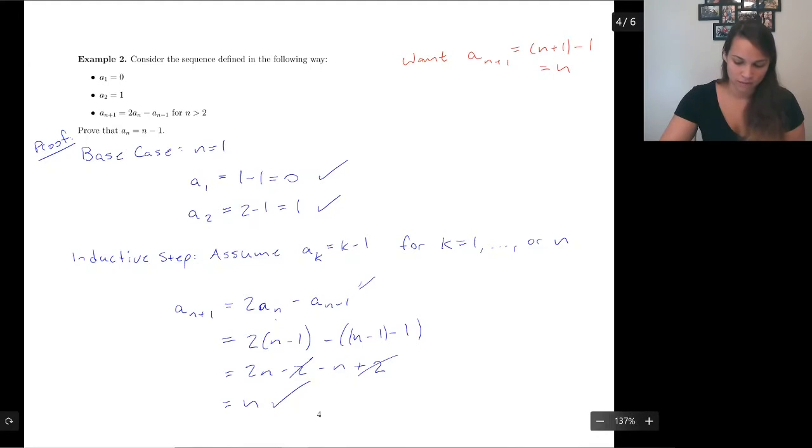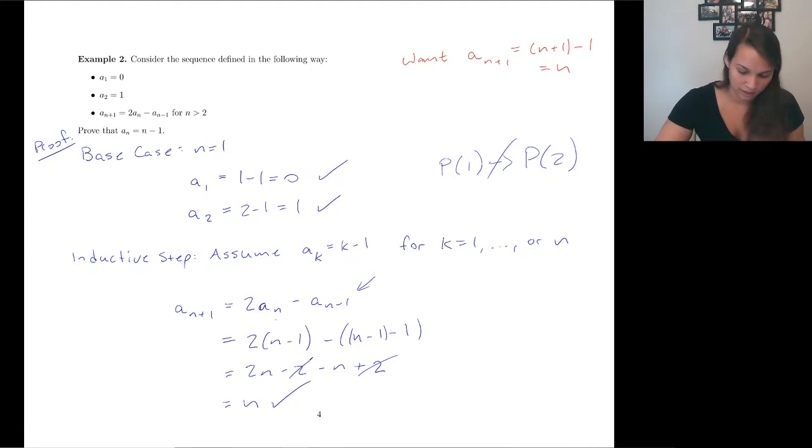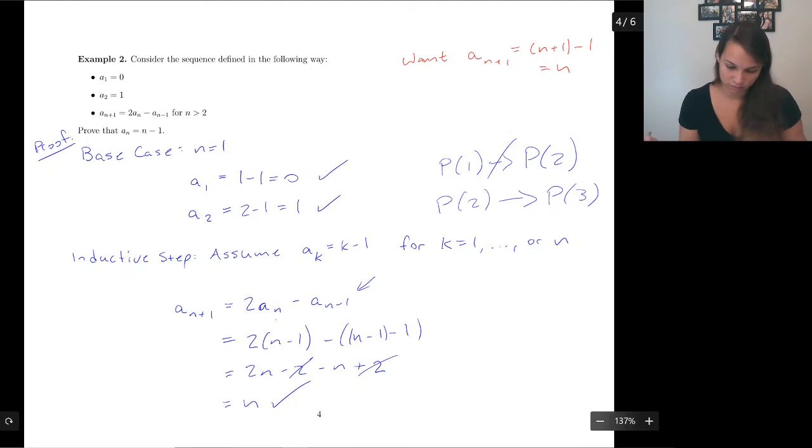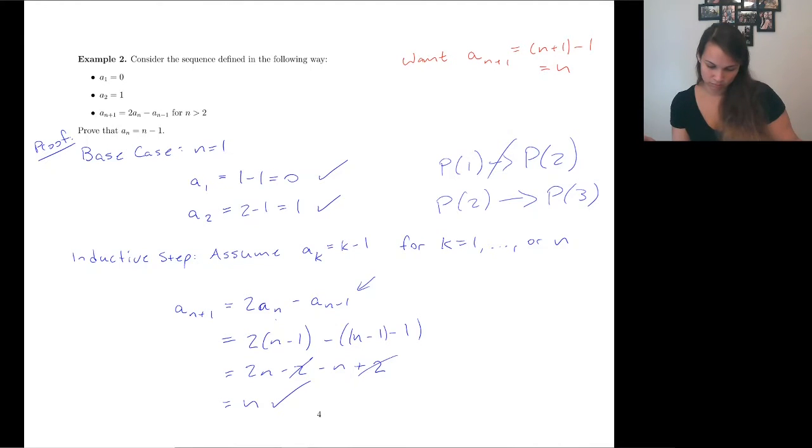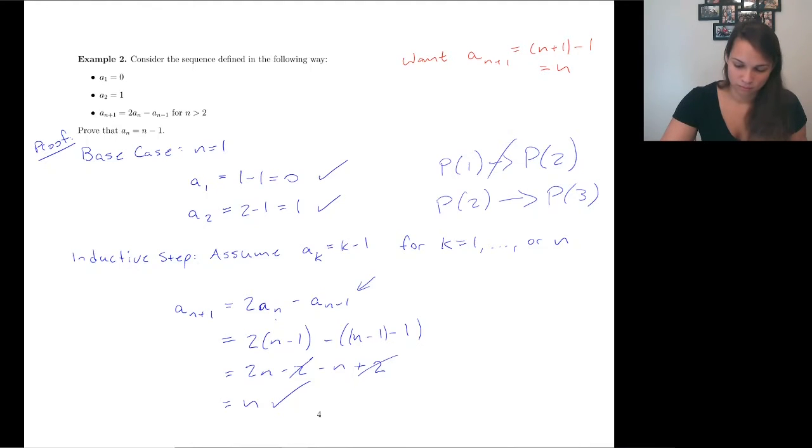Otherwise, this formula is going to fall apart because you have P of 1 is true. You do not have P of 1 implies P of 2, but you do get that P of 2 implies P of 3, right? So without this connector, I knocked over my first domino, but it had no next domino to knock over.